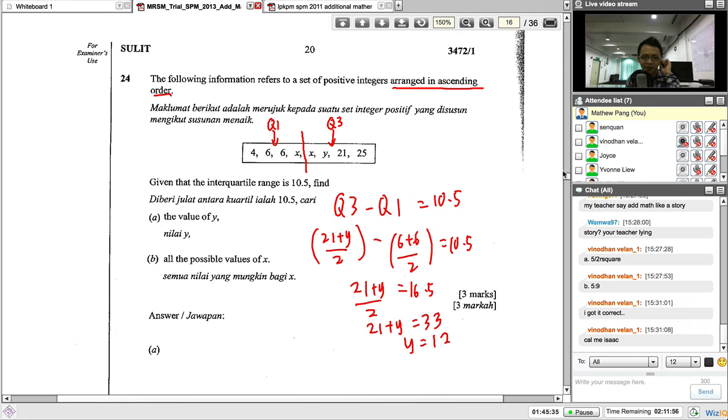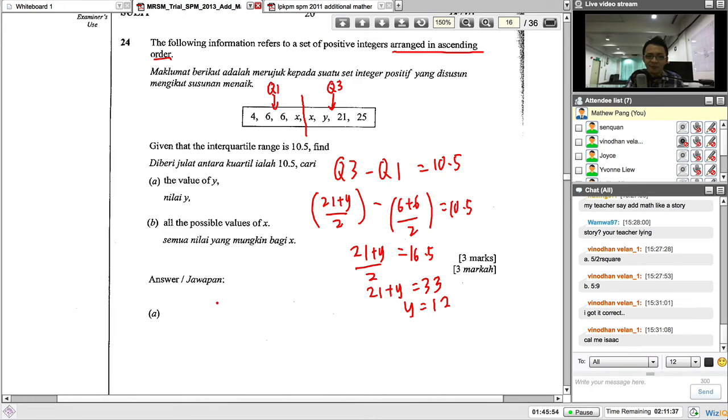No, 6 and 11. Any more information you give us? Interquartile range is 10.5. Find all the possible values. I think this one, part B, is just to write out the range for it. So I think it's all the possible values.